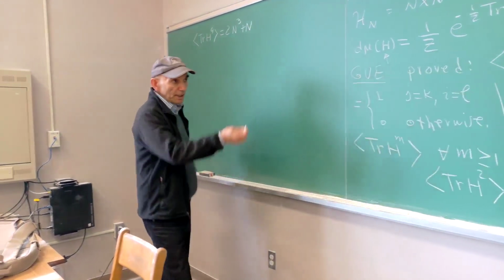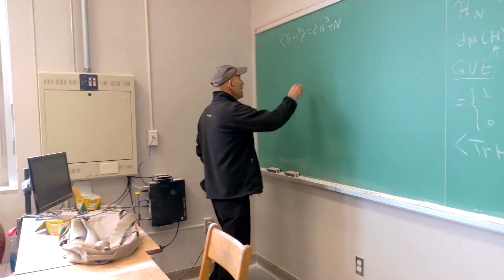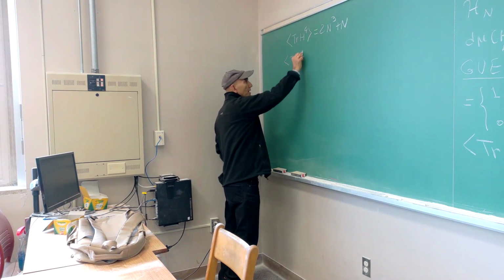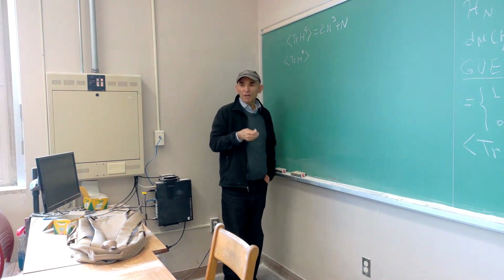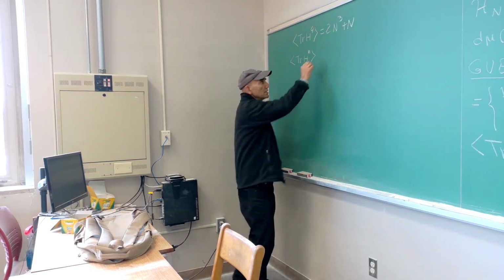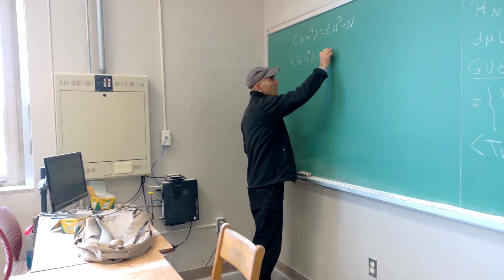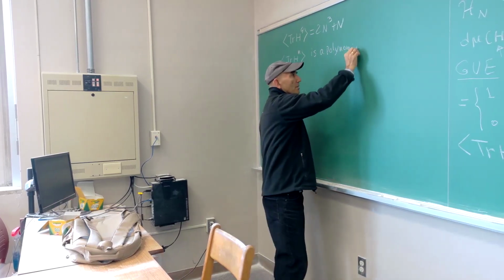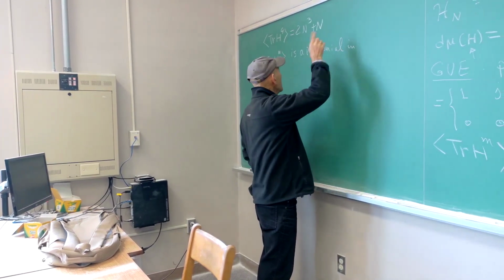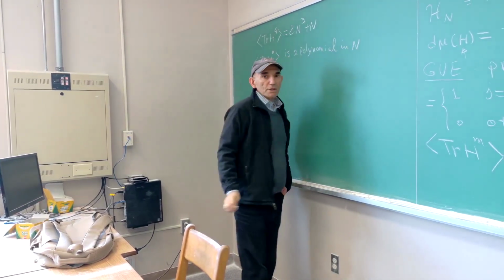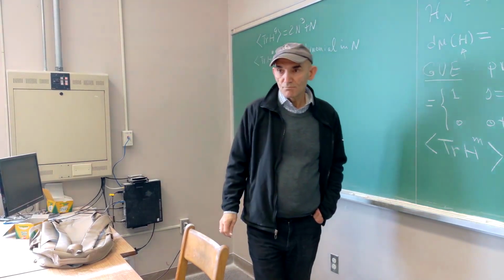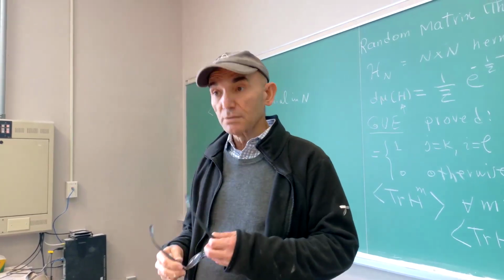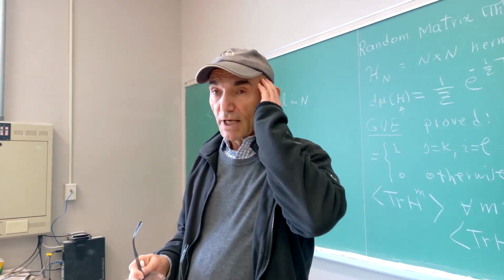If you look at the arguments that we made here, it should be clear that the trace of Hm is a polynomial in N. But what polynomial? Finding that polynomial exactly is very difficult. We will eventually do that.